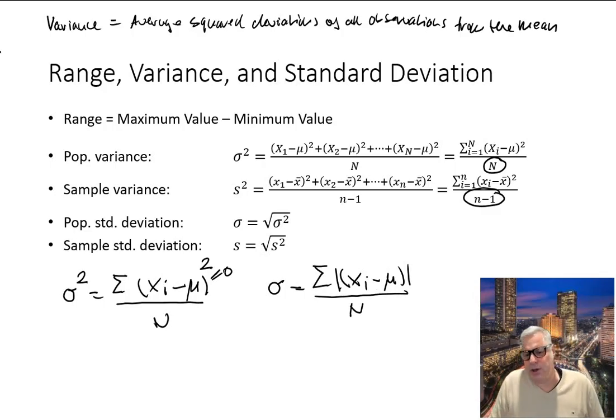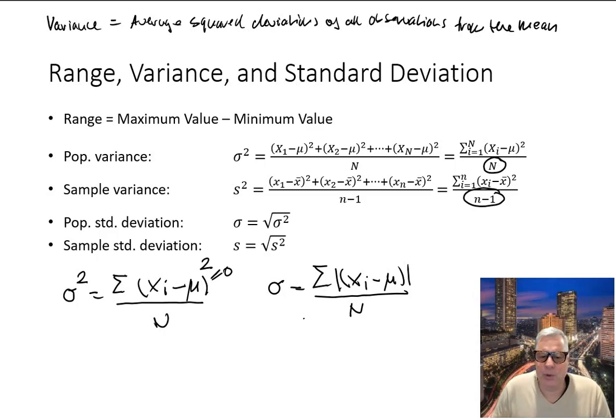We could actually do that, but that is a little bit beyond this course. It can be shown that this formula does not have as nice characteristics as this formula. Theoretically it would solve the problem that the sum of all the deviations from the mean is 0.